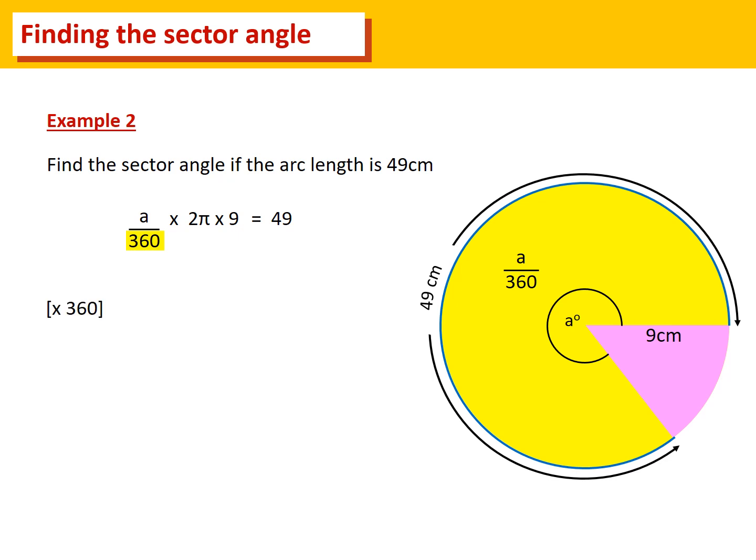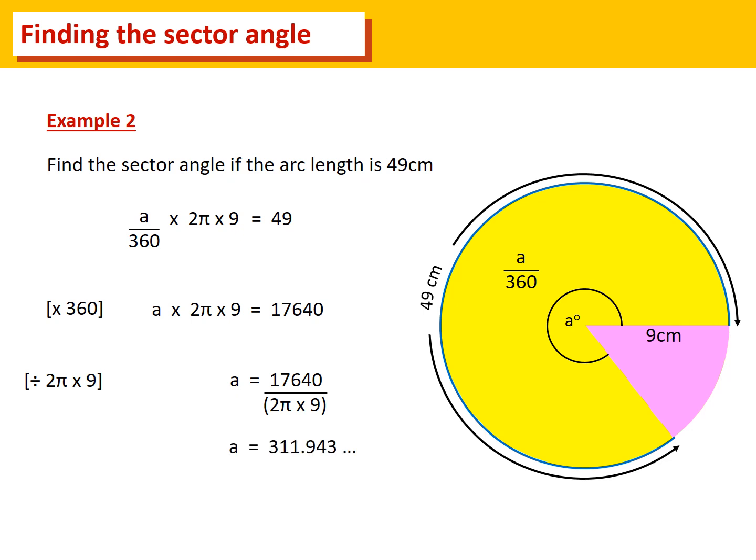And when we do, on the left-hand side, we're left with A times 2 pi times 9. In order to leave A on its own, we need to divide both sides by 2 pi times 9. And when we do, put brackets in the denominator for when you're tapping that into your calculator. And if you calculate that correctly, you should get 311.943, which is 312 degrees to 3 significant figures.